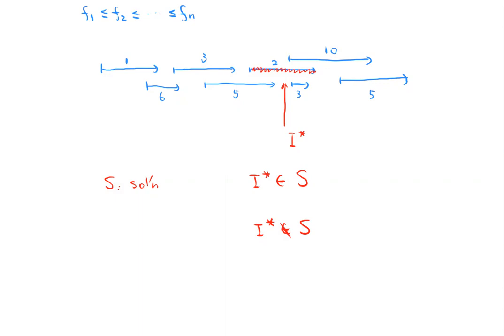Sub-problem may be choosing from the solution. Okay. The optimal solution for the first k intervals.